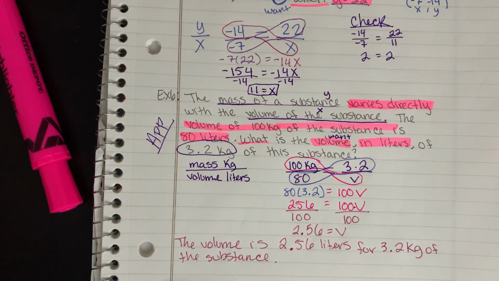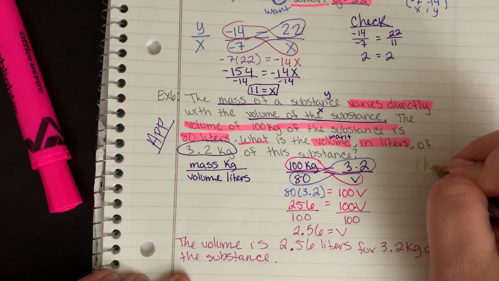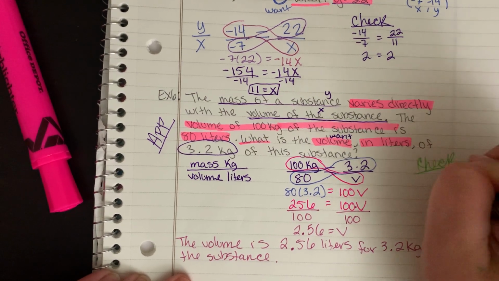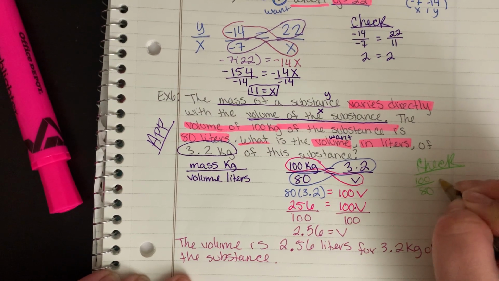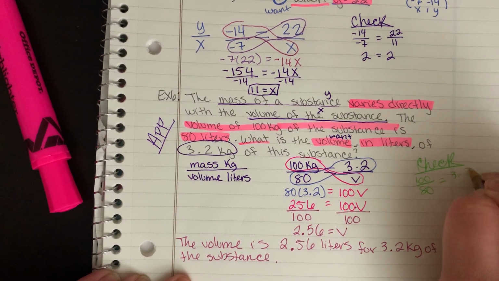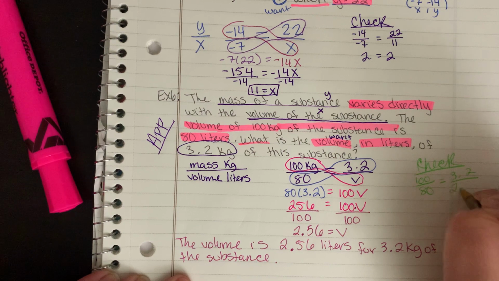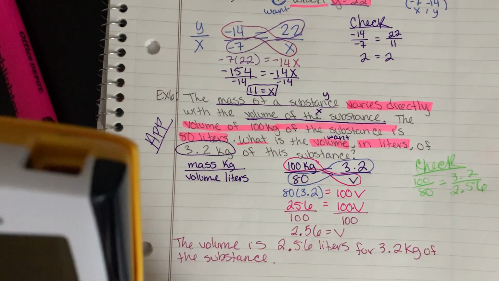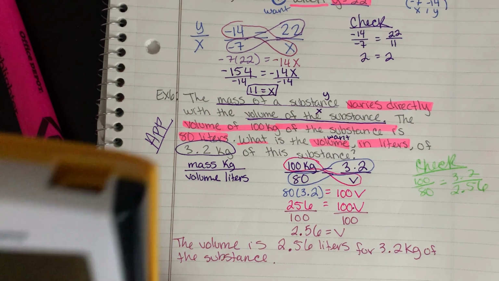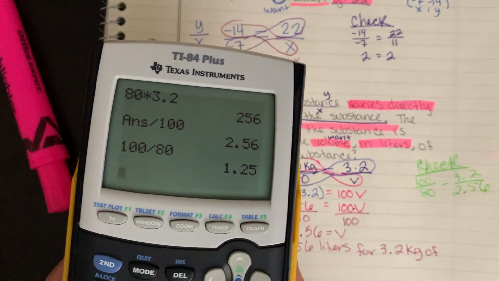Now remember, we talked about how we would check our work. Off here to the side, just to double check: because we know it's directly proportional, 100 over 80 has to be equivalent to 3.2 over 2.56. 100 over 80 is 1.25.